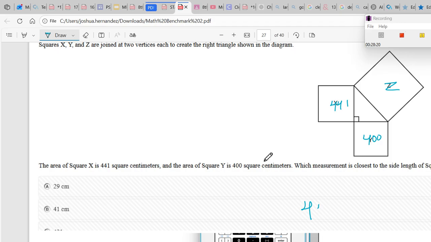So 400, okay, 441 is already squared, so I don't put the squared, plus the other squared part, it's already squared, so I don't put it, is equal to z squared. Right? So the z squared means the inside number like this, not the side length. How do we get the side length? We come out here and get the square root of it, which is just set it like this and solve it. I'll tell you this much, it's not going to be these big ones.